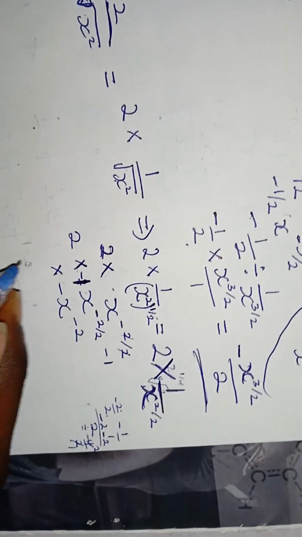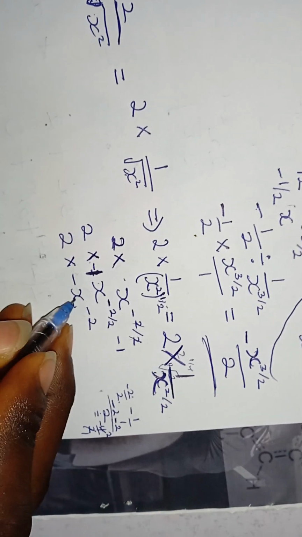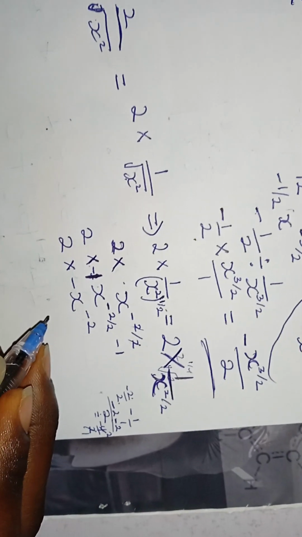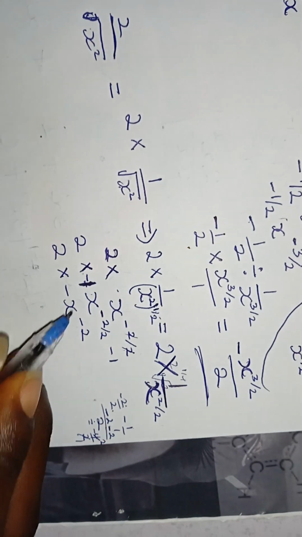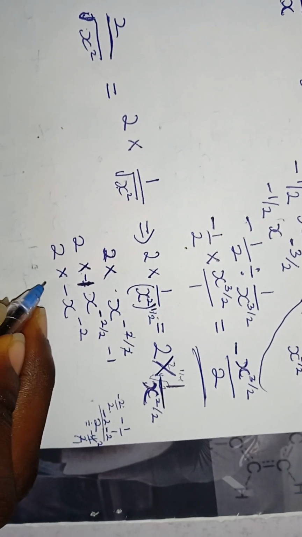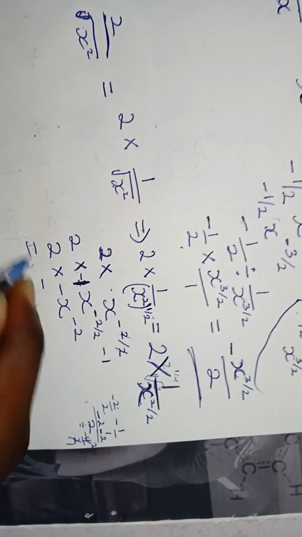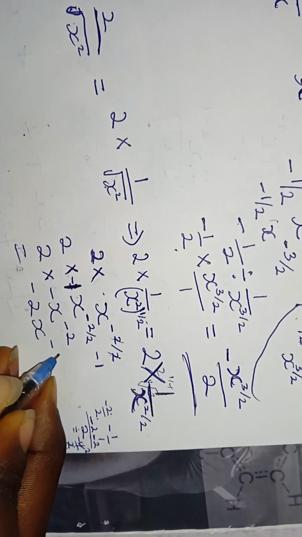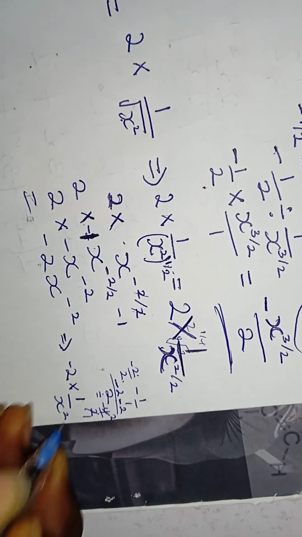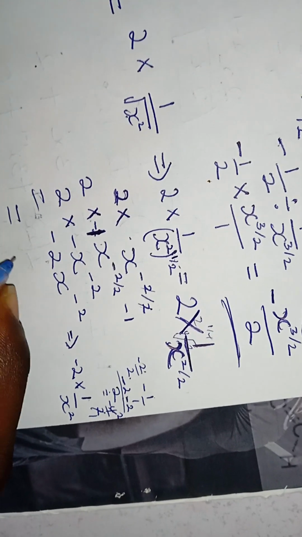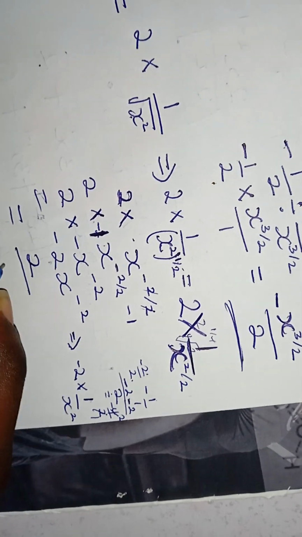So this is 2 times minus x minus 2, which is minus 2x raised to power minus 2. And this is minus 2 times 1 over x raised to power 2. So this is now 2 all over x raised to power 2.